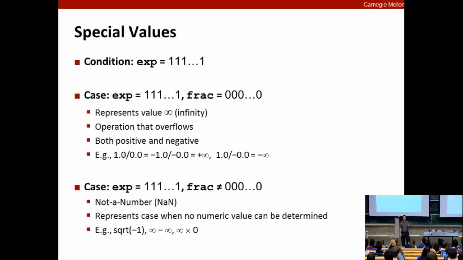Okay? Since our bias is a little less than half, we're going to have slightly fewer negative numbers than positive numbers. Does that make sense? So you can see that here. From negative 126 to 127, or negative 1022 to 1023. Do you see that? So that's how we're going to represent our exponent.